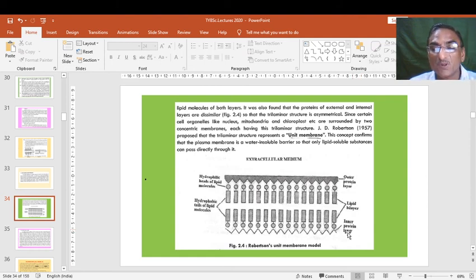So this is about Robertson's unit membrane model, which shows, like the sandwich model, outer protein materials and inner lipid materials over the strands, or a central line.